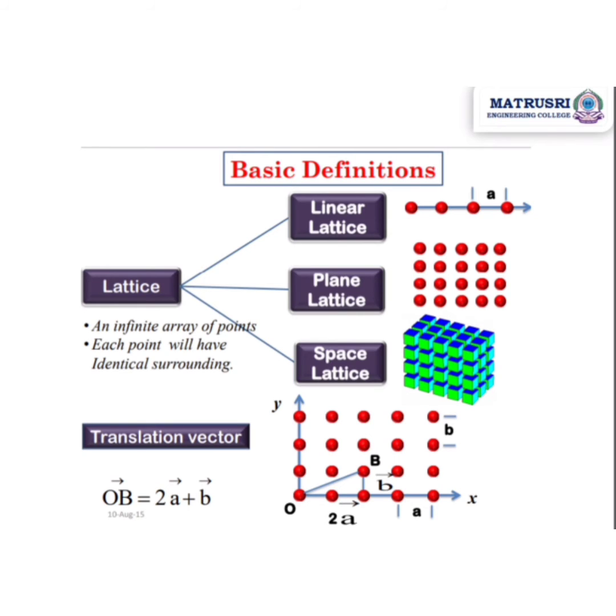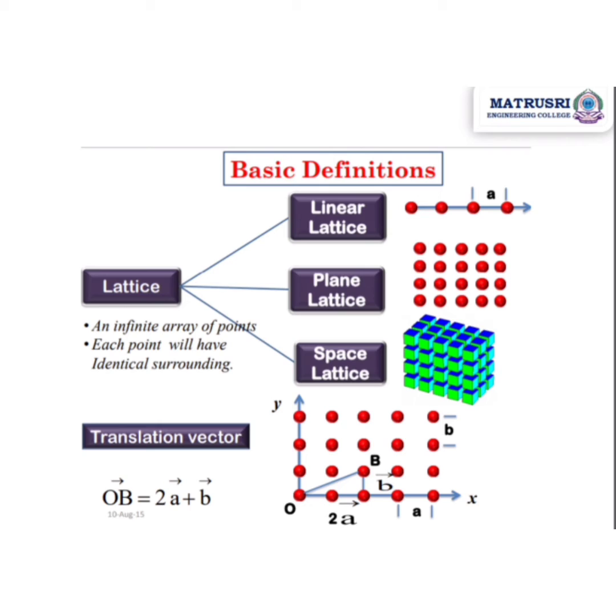The atomic arrangement in a crystal is together called the crystal structure. It is very convenient to imagine a periodic arrangement of points in space about which these atoms are located. This leads to the concept called space lattice.